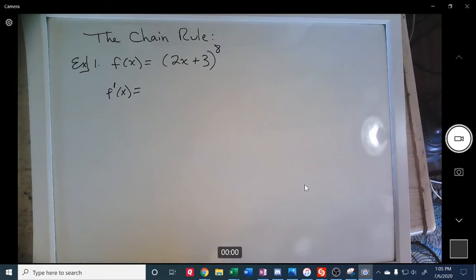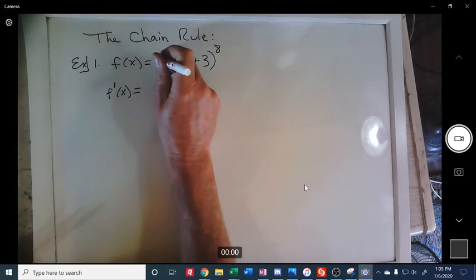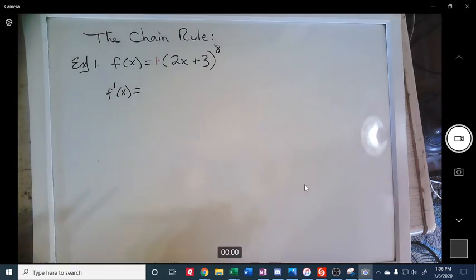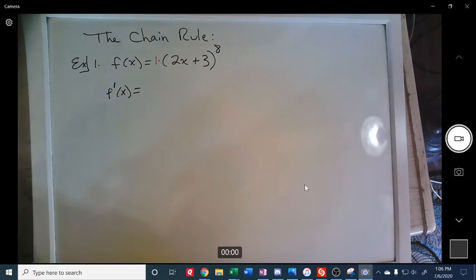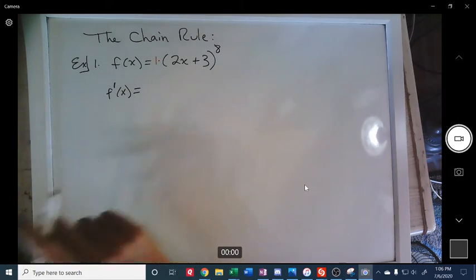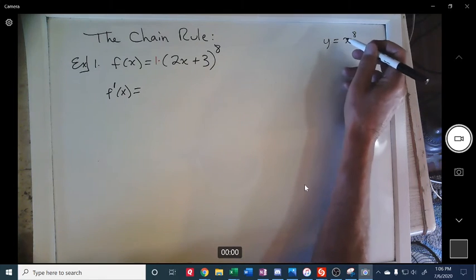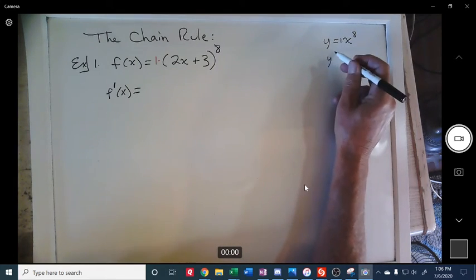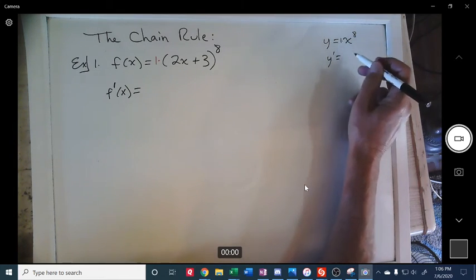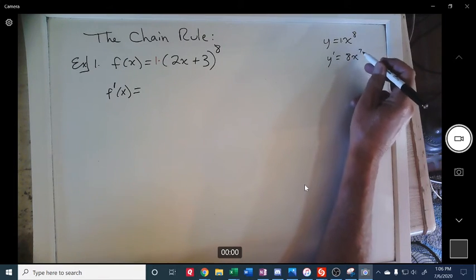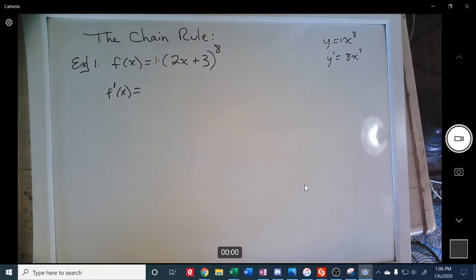And the procedure for something like this is, well, there's really a constant out in front, 1. And just like if I had y equals x to the 8th, we'd take its derivative by saying y prime is 8x to the 7th. We're going to do something very similar here when we have a function within a function.